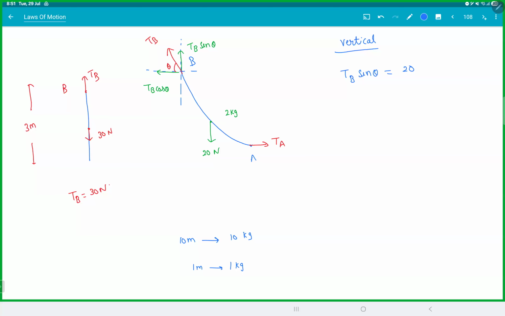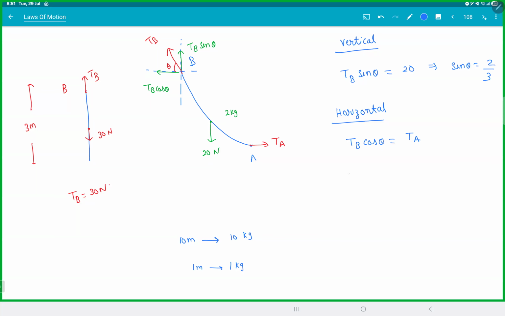And TB value I already know. And in the horizontal direction, TB cos theta is equal to TA. So if I know TB value is 30, sin theta is nothing but 2 by 3.